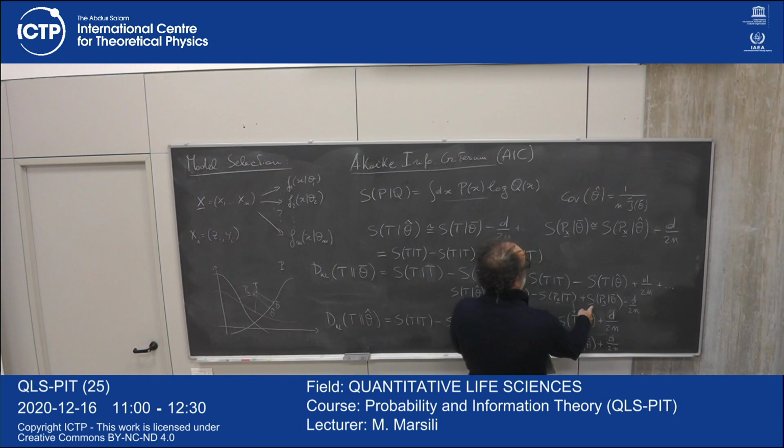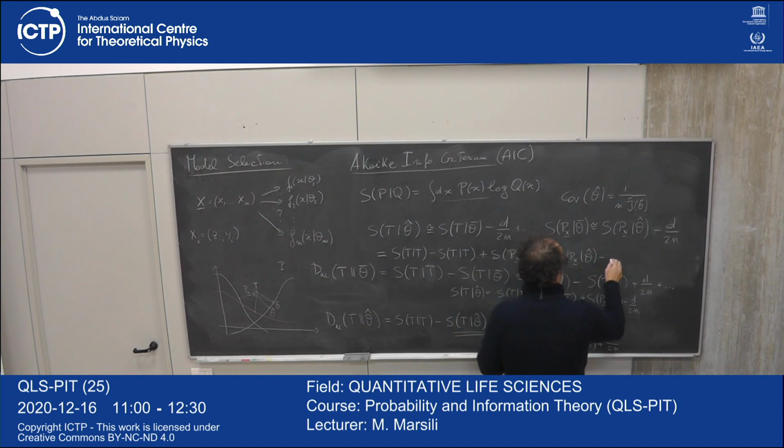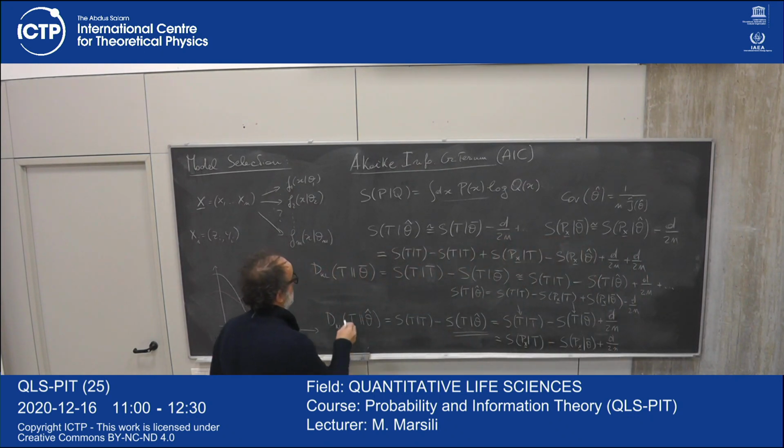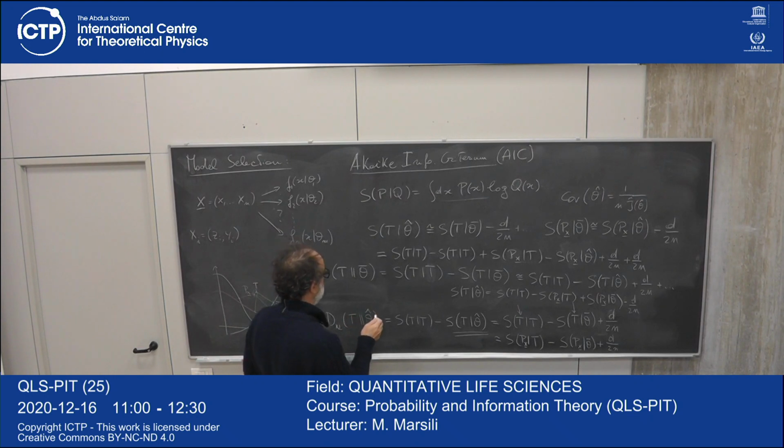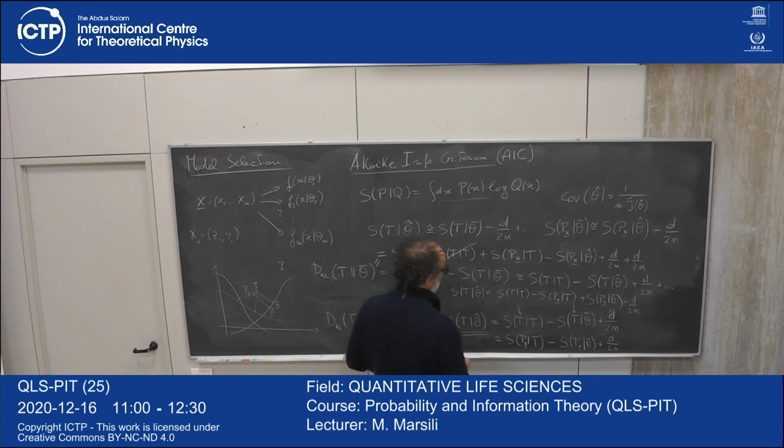Here, instead of S of p, x and theta, I'm going to put this: minus S of px and theta hat, plus d over 2n, and then I have plus d over 2n. Okay, so then the final result is that this and this go away.